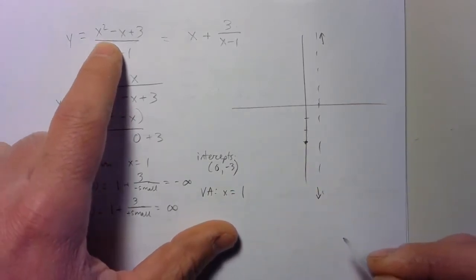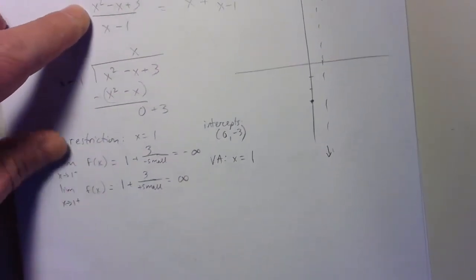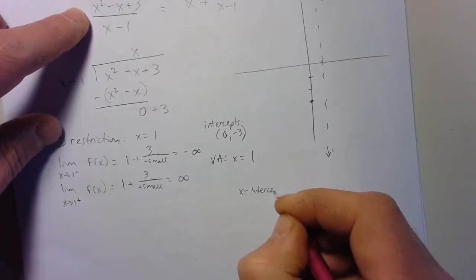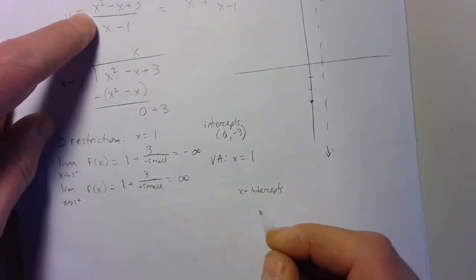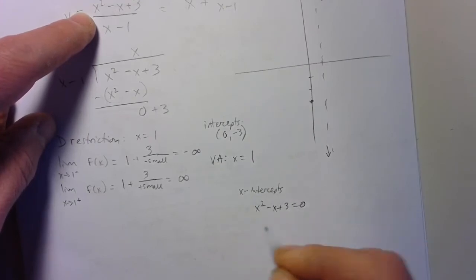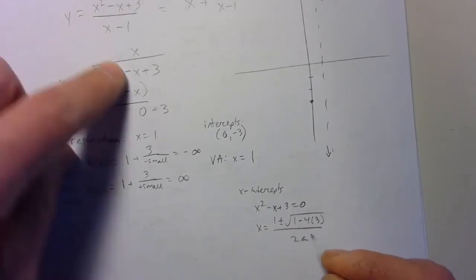If I want to get the x-intercepts, that means you're setting this equal to 0. The x-intercepts can be kind of tricky for this one. They're doable, but that just means you're looking at your numerator equaling 0. I'm going to have to use the quadratic formula for that: negative b plus or minus the square root of b squared minus 4ac over 2a, a being 1.